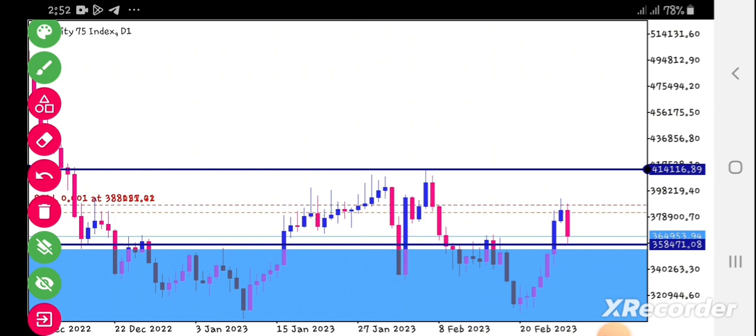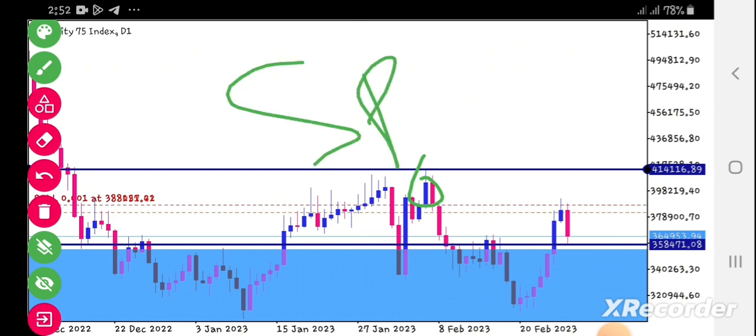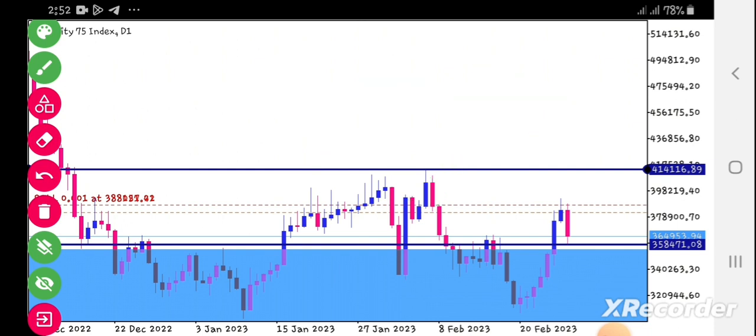This was the last buying candle, and our last buying candle is our supply zone. So when the market hit that, I knew that around this, the sellers are still there. So I knew that when the market comes back around this area, we have to sell.